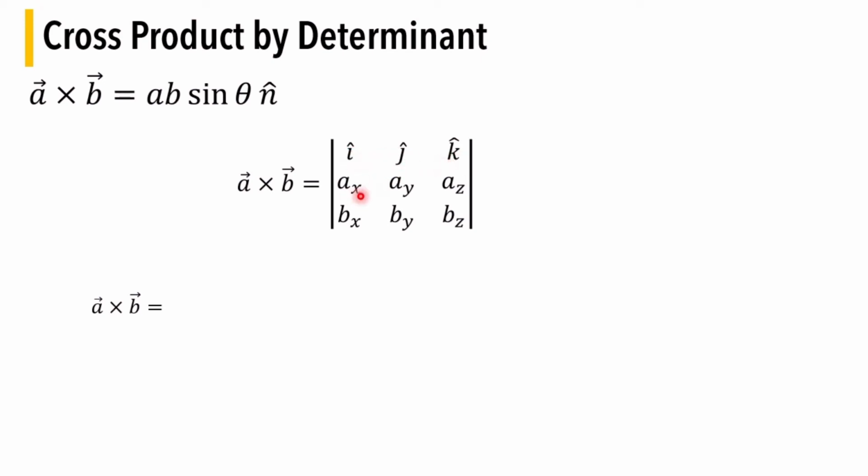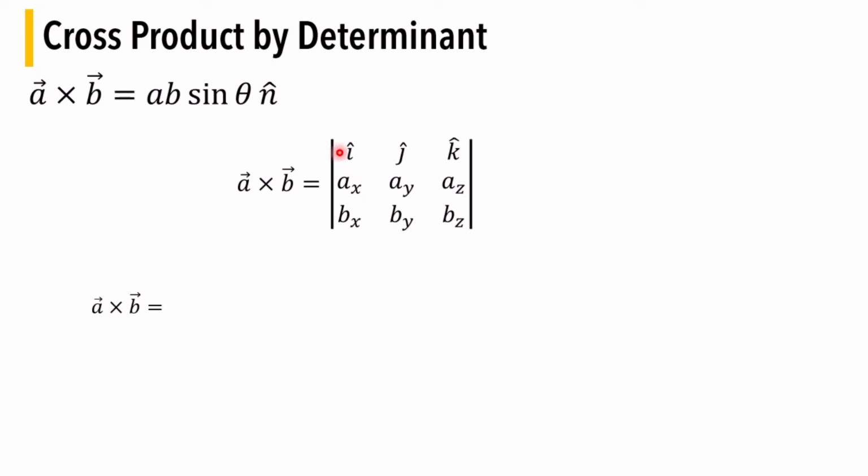The second row are the components or the coordinates of vector A, and third are the coordinates of vector B. Now we need to expand it. We need to find its determinant. It is also very simple. There is a set way of doing it.